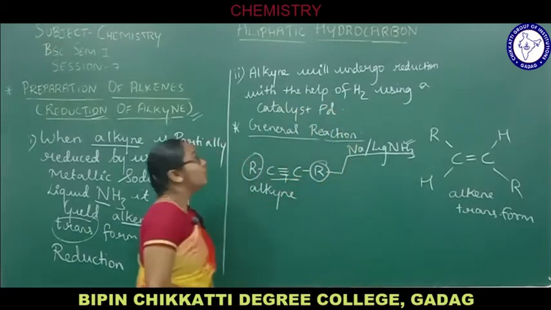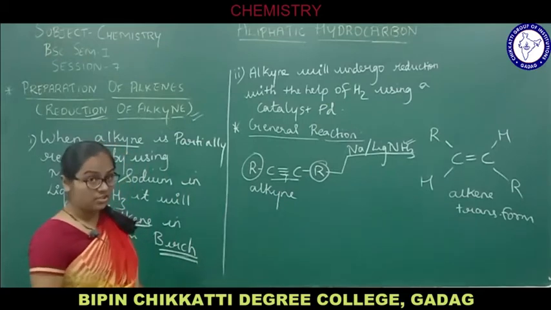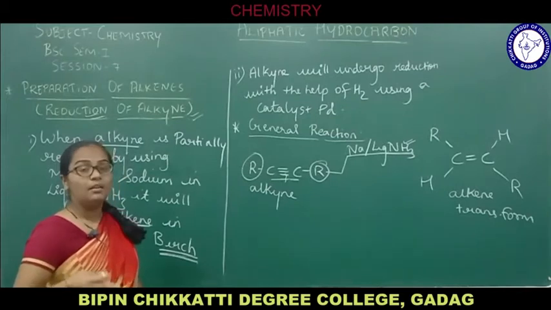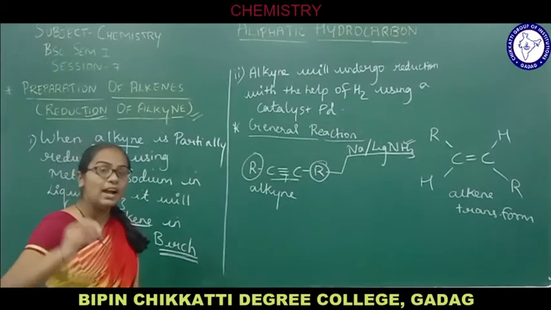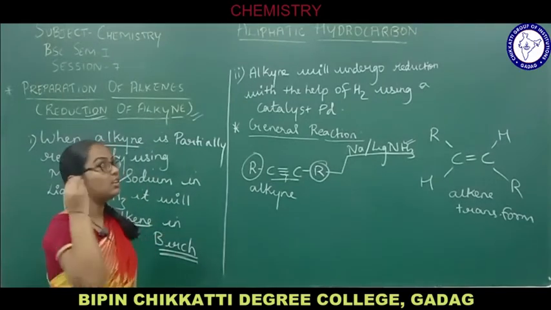Now here the alkyne will undergo partial reduction by using a catalyst, right? Palladium, and hydrogen is used as the reducing agent, right? So hydrogen is going to be utilized in the presence of a catalyst called palladium.